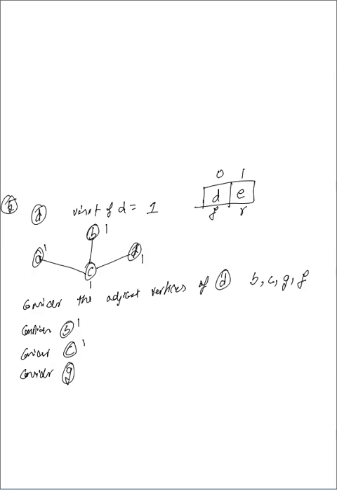G is not there in a queue. That you have to keep in your mind. That is very much important. G is not there in a queue. Visited of G is 0 and G is not in queue.